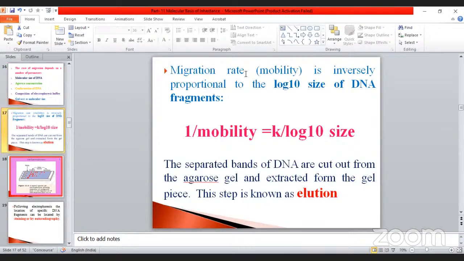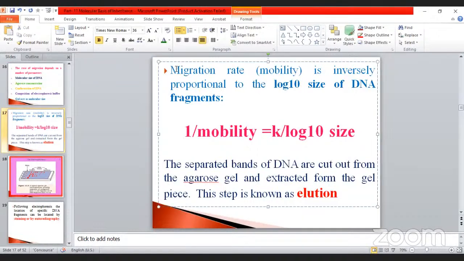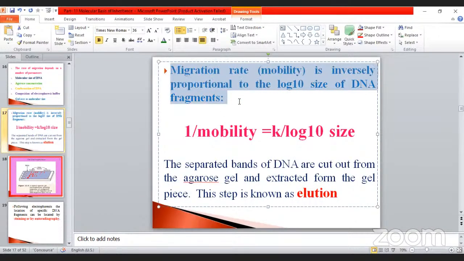Migration rate: mobility is inversely proportional to the log 10 size of the DNA fragment. This is also very, very important, my dear. Take notes. The mobility of the molecule on the surface of the gel electrophoresis is inversely proportional to the log 10 size of the DNA fragment.